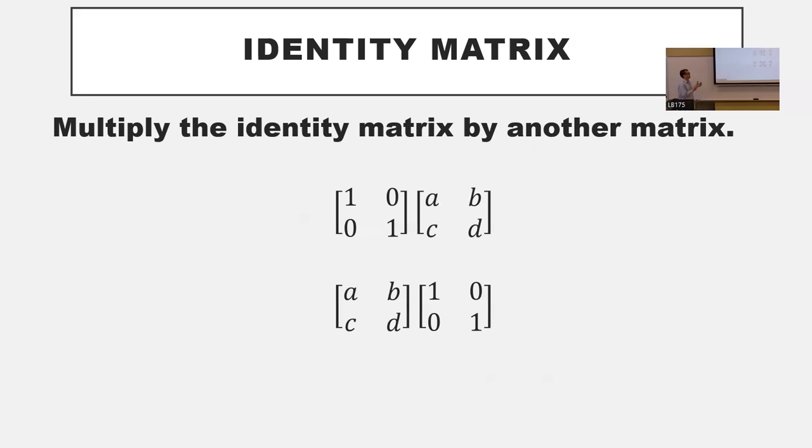So if I multiply on the left by the identity matrix or the right, I get the matrix back. That's why it's called the identity matrix, because it gives you that matrix back.